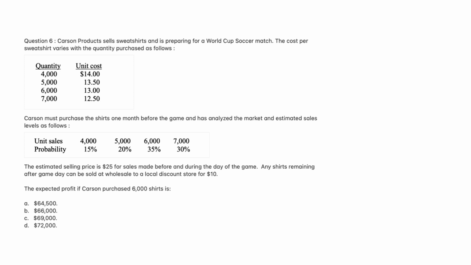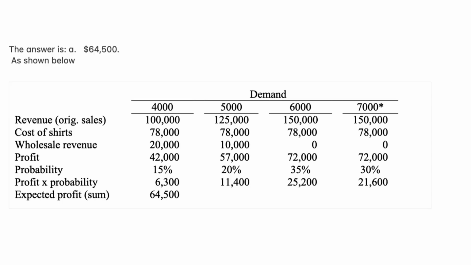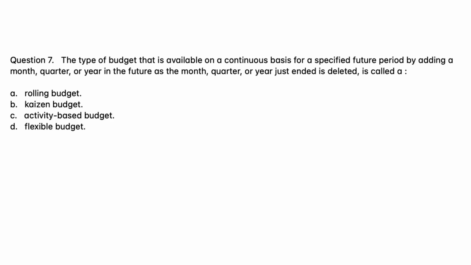Any shirts remaining after game day can be sold at wholesale to a local discount store for $10. The expected profit if Carson purchased 6,000 shirts is A. $64,500, B. $66,000, C. $69,000, D. $72,000. The answer is A. $64,500, as shown below.